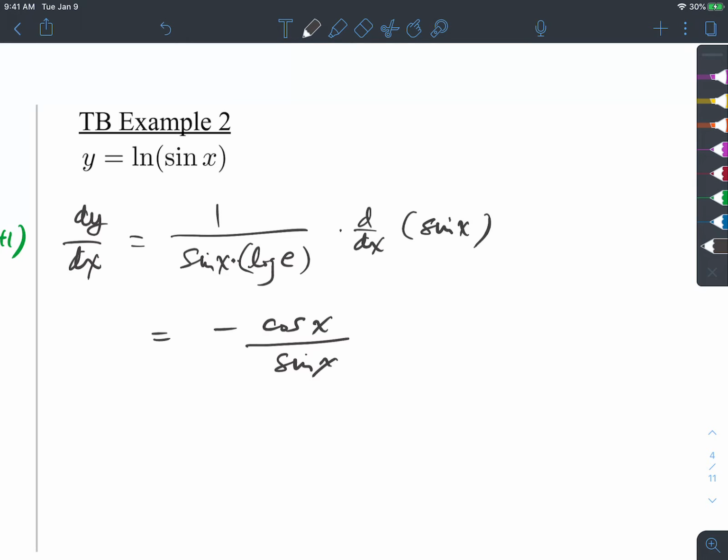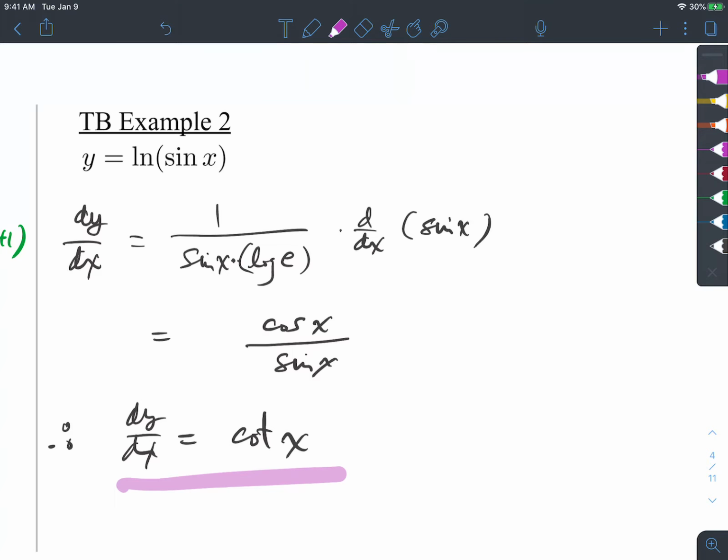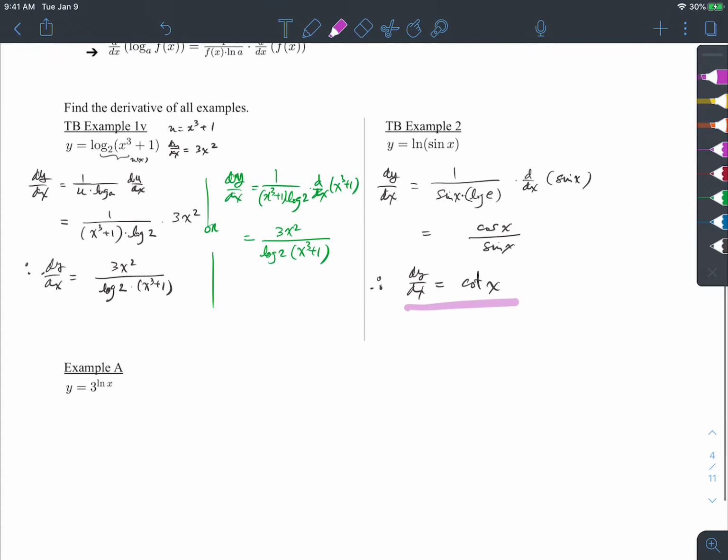So what does that give you? If you said cotangent, right? Ooh, I made a boo-boo. The derivative of sine is just cosine of x. So therefore, dy dx is equal to cotangent of x. All right, guys? So let's do the next question.